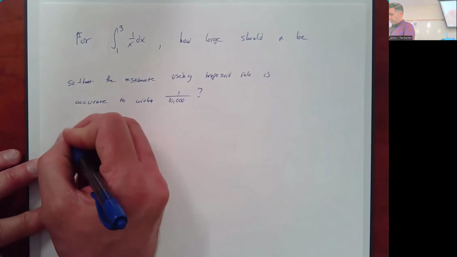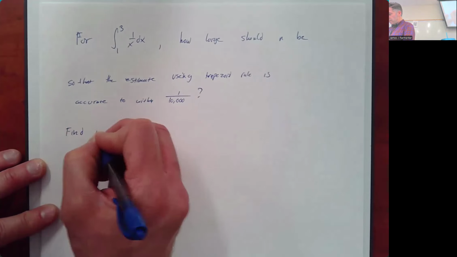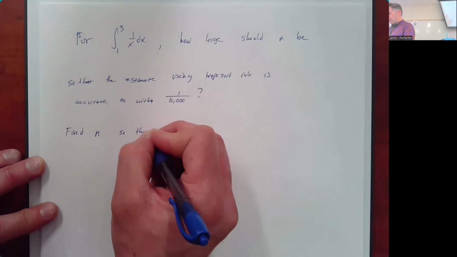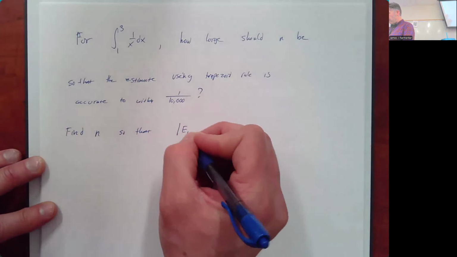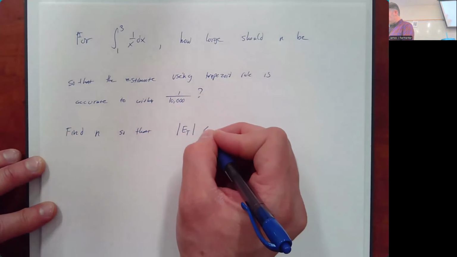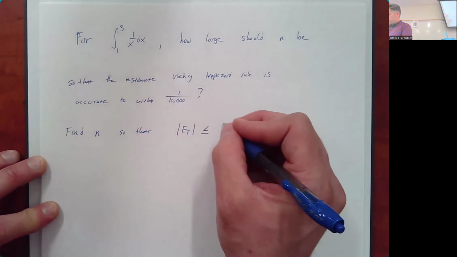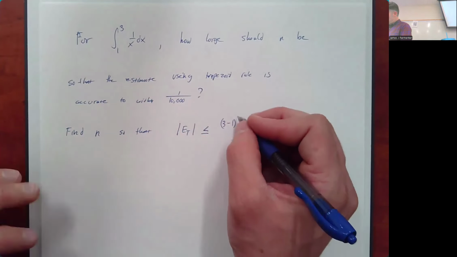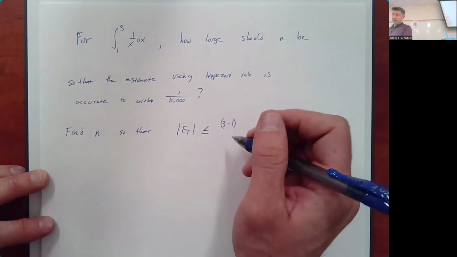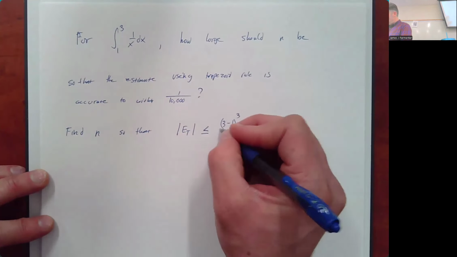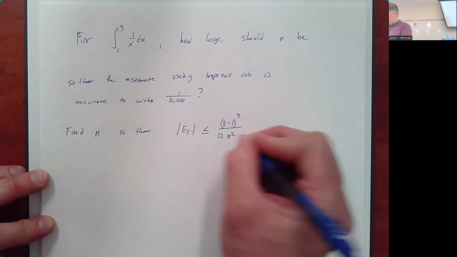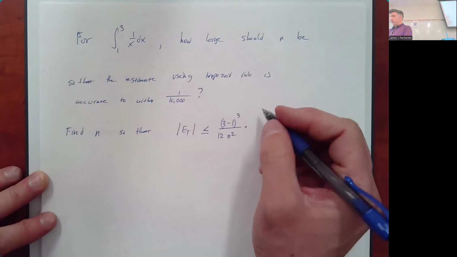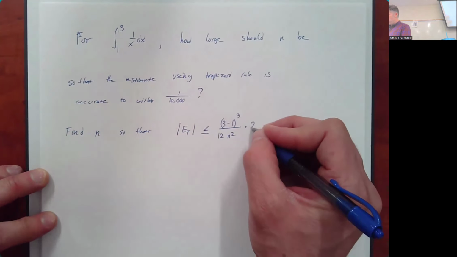So find n so that the error using the trapezoid method is less than or equal to (3 minus 1) to the third over 12n squared times the maximum of the second derivative, which we found before to be 2.